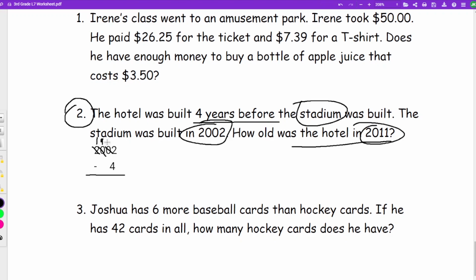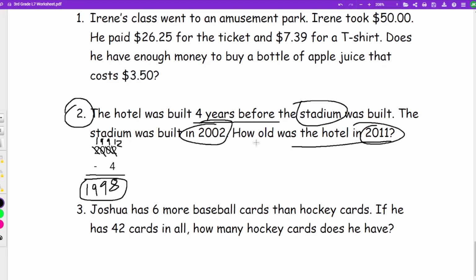I'm going to change it to a 9, not a 10, because I have to take 1 out to move to here. And this also becomes a 9 because I have to take 1 out, move it over here, and this becomes 12. 12 minus 4 is 8. And I just bring the numbers down. 9, 9, 1. So the hotel was built in 1998.